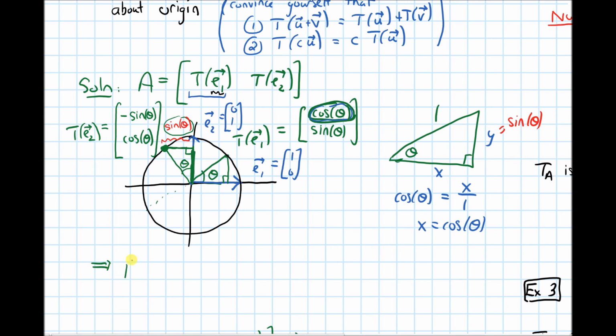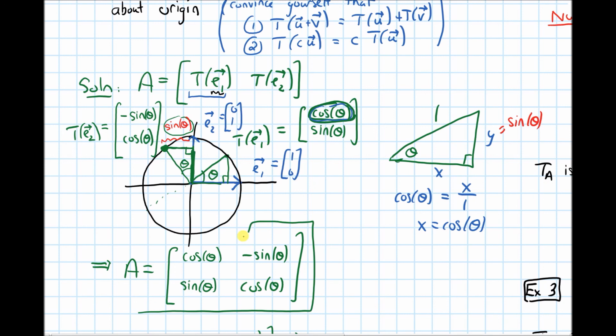I'm going to write down the formula for A. The first column is T of E1, which was cosine of theta, sine of theta. The second column was T of E2, which is negative sine theta for the first entry and cosine theta for the second entry. That is my standard matrix right there. This matrix represents rotating a vector by an angle of theta counterclockwise through the origin.